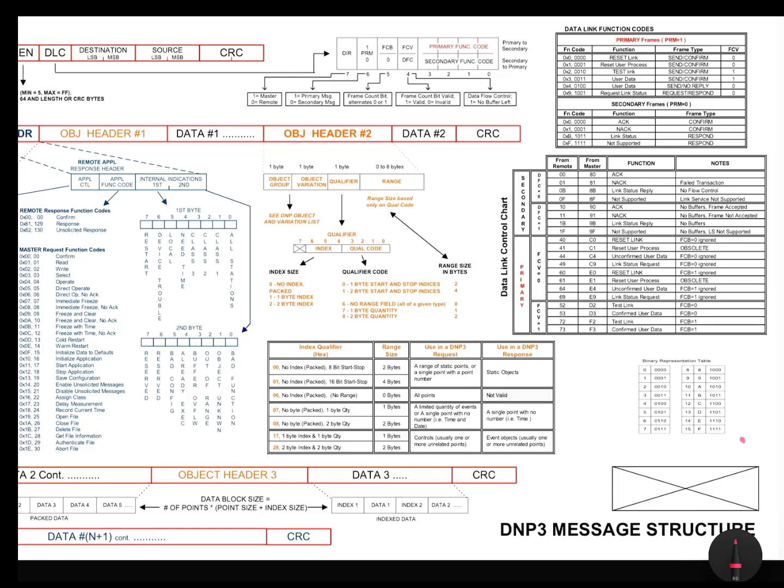We came from the data link header and moved on to the transport header. In order to interpret it, we just follow this line down, and all the information we need is right here. And notice how it's calling it a segment, because we're segmenting a message that involves multiple frames. And so it's a 1 byte value.